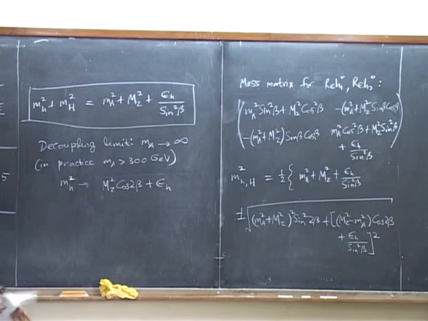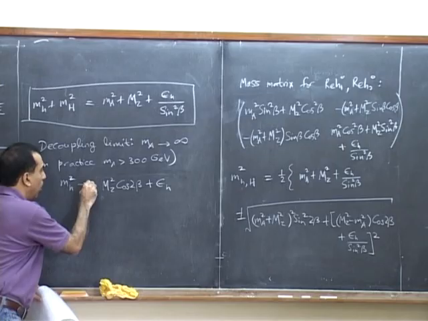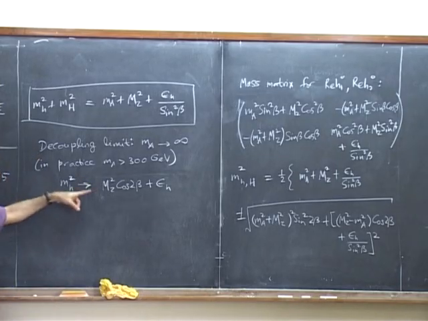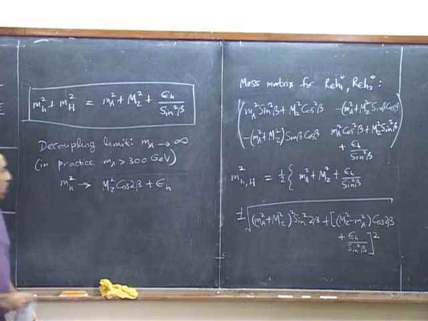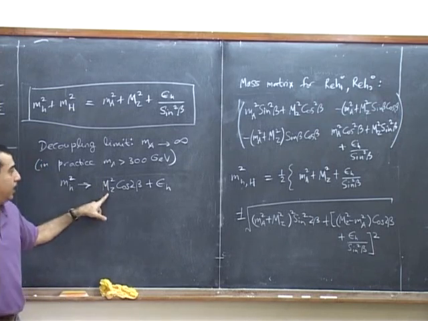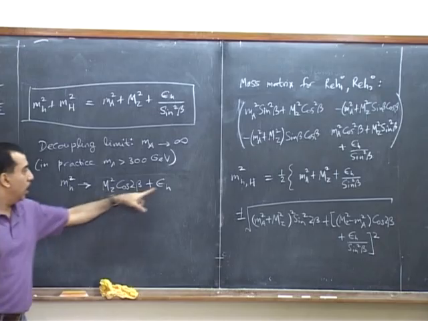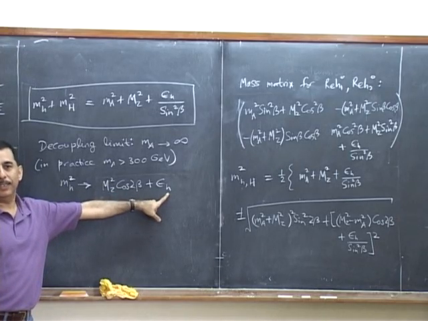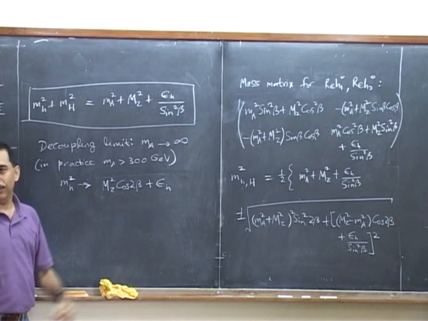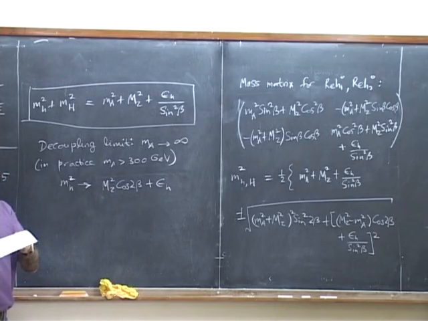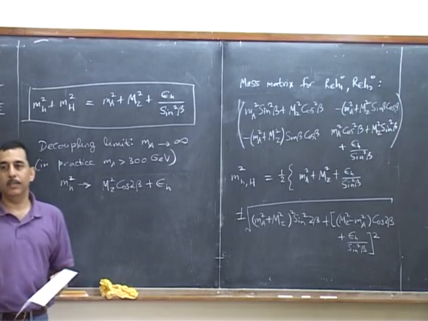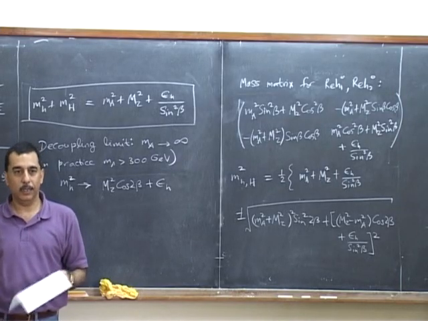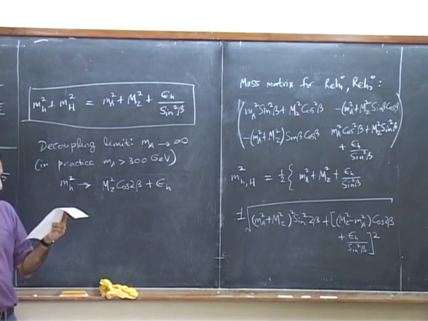Then you see that m_h, in this decoupling limit, was tending to m_Z, which was of order 90 GeV square, but we have a correction of order 120 GeV square. Okay, so about equal. So this really makes it very clear that this one loop correction is not something very small, it's an important correction.